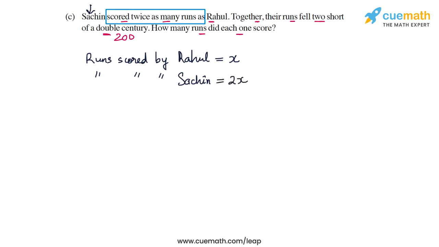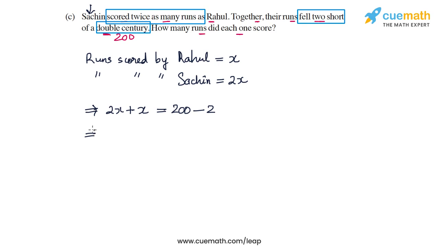We also know that together their runs fell short of a double century. Fell short means that their sum will be 2 less than a double century. A double century is 200 runs. So the runs scored by Sachin, 2x, plus the runs scored by Rahul, x, is short of a double century, so this must be equal to 200 minus 2.